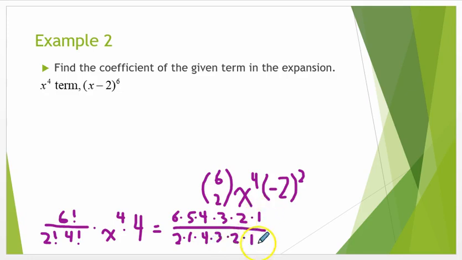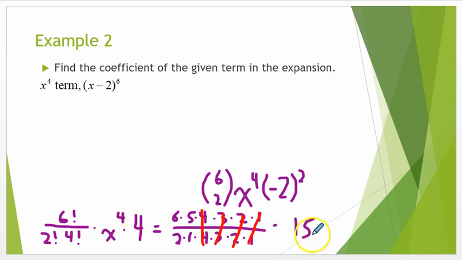So usually you probably wouldn't even write these parts out. You would just recognize that a lot of it's about to cancel. But I wanted you to see what was happening here. So the 1's cancel, the 2's cancel, the 3's cancel, and the 4's cancel. So all that's left is 6 times 5, which is 30, and then divided by 2. So the 30 divided by 2 is going to equal 15.